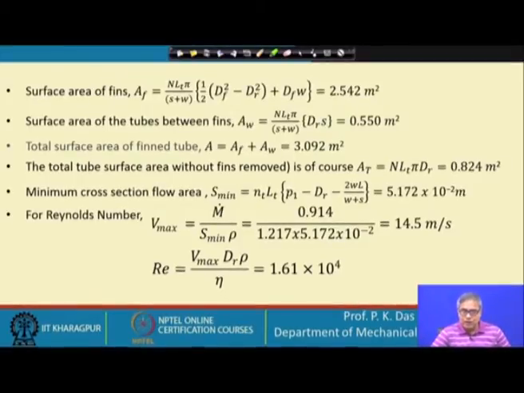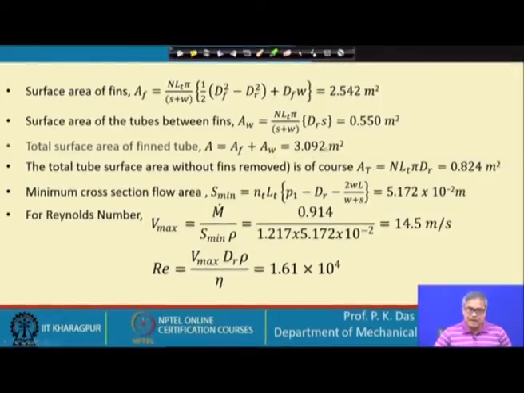You can also solve this problem on your own, though the solution has been given. Taking this problem statement, you can solve it. Then the total surface area is the outside surface area which is responsible for heat transfer.